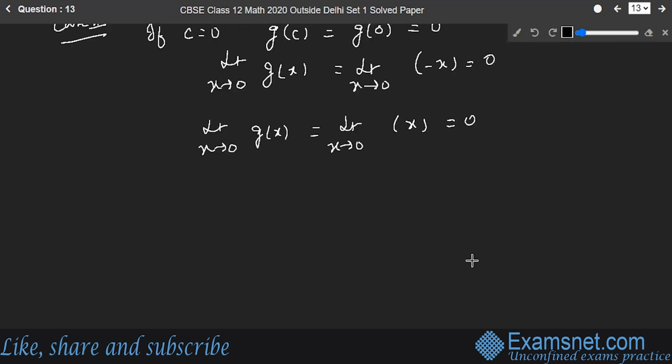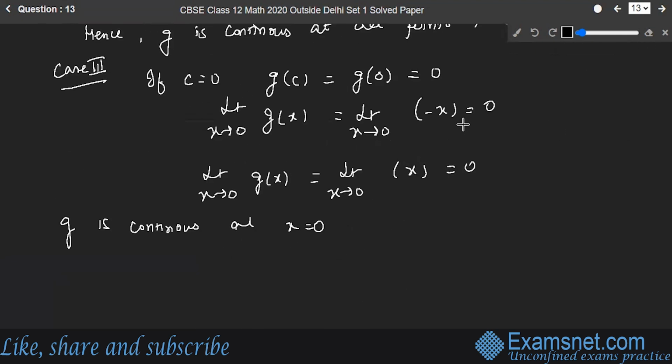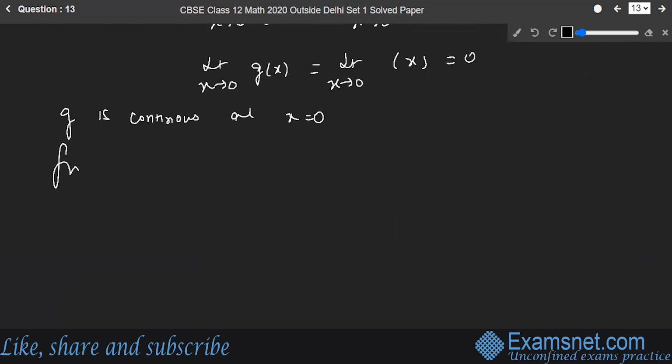Therefore, g is continuous at x is equal to 0. From the above three observations, case 1, case 2, case 3, we conclude g is continuous at all the points, right? Hope you got that.